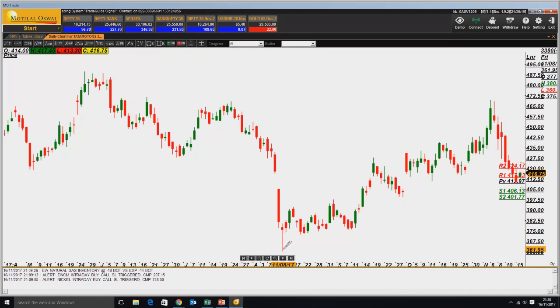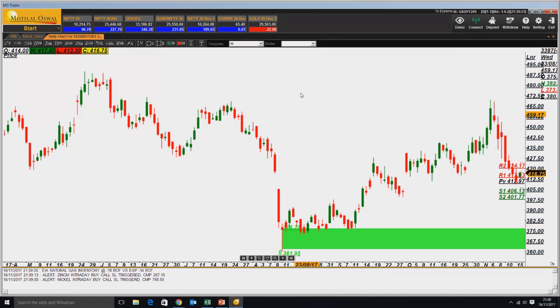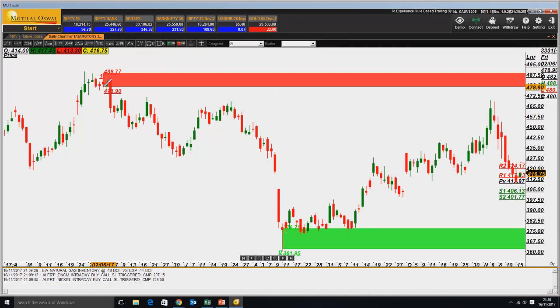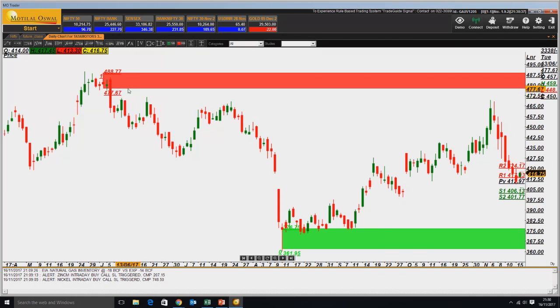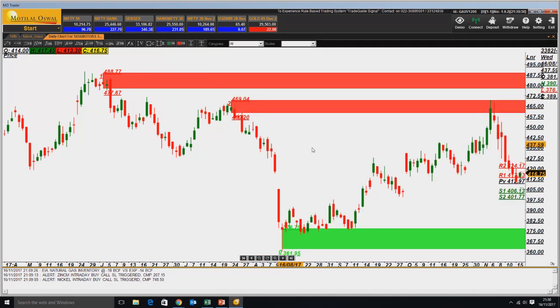My support band is here in Tata Motors, and my long-term resistance band is this one on the upside, and I also have another resistance band which is here.